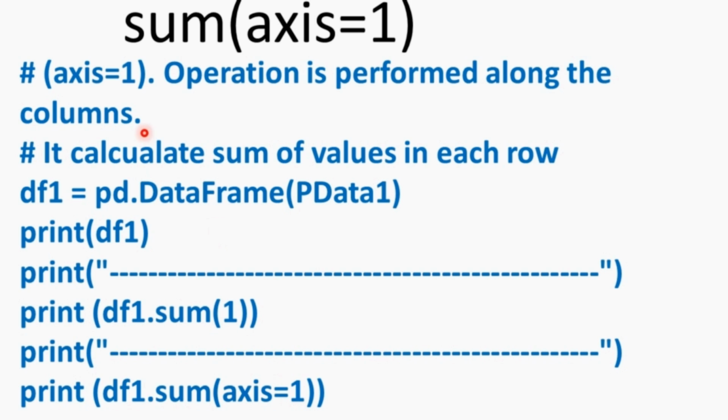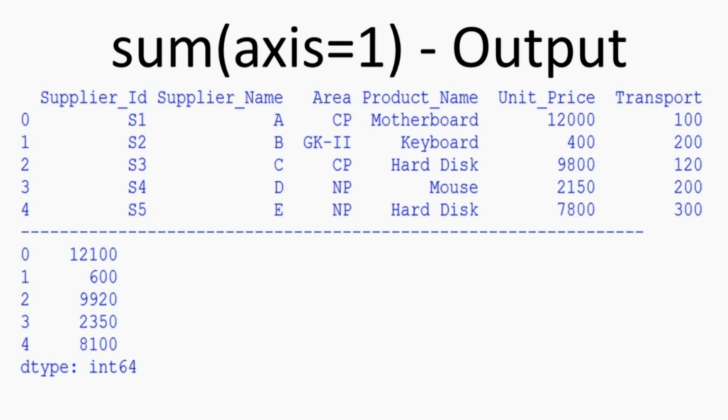We have written only some of the commands. The rest of the commands we assume we have already written, as given in the previous example. Now see the output. If we take axis equal 1, it finds the sum of numeric columns.